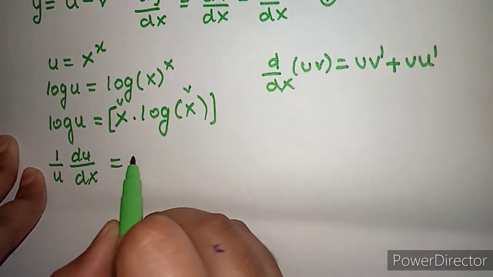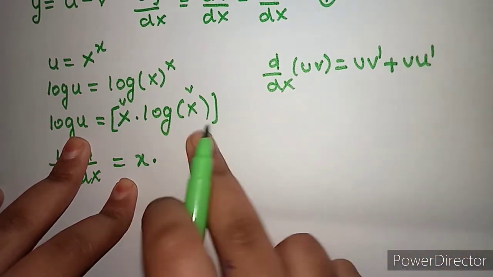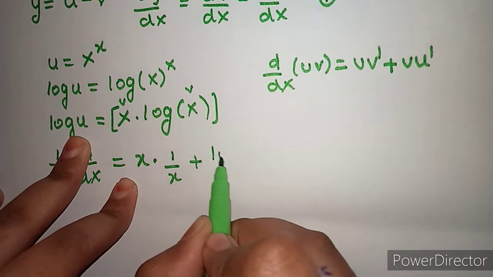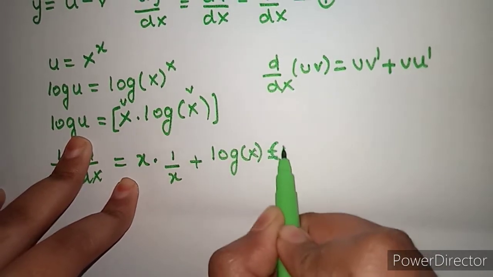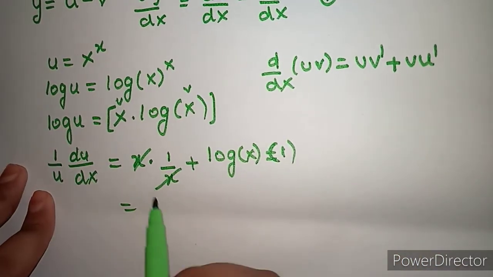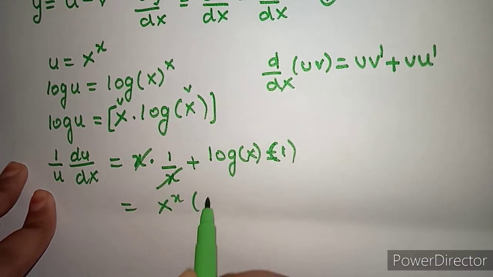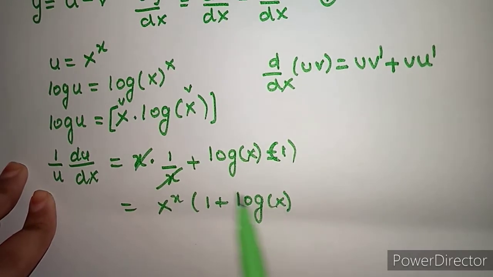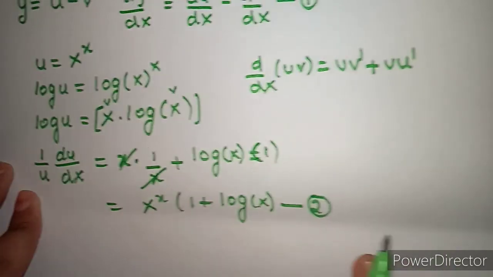Log x. u is x, differentiation of log x is 1 over x, plus what is v? Log x. Differentiation of u, that is u dash, is 1, right? So x gets cancelled. When I take u here, what is u? x power x. 1 plus log x. We got du by dx. Consider this as equation 2.